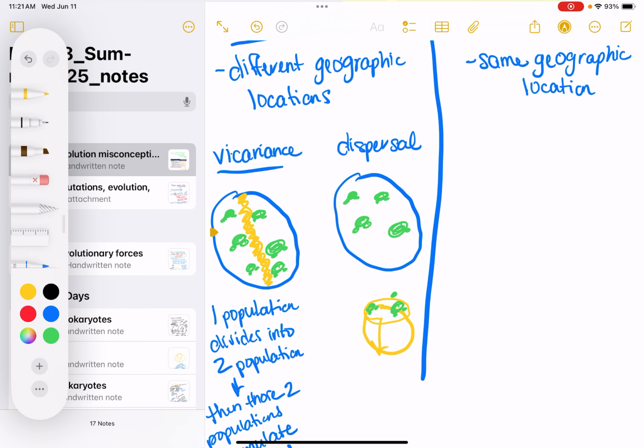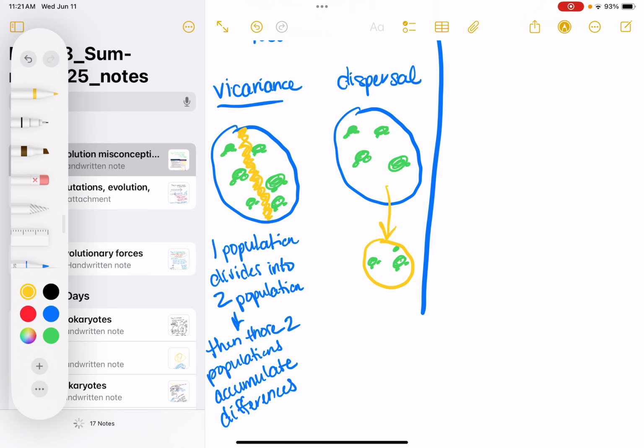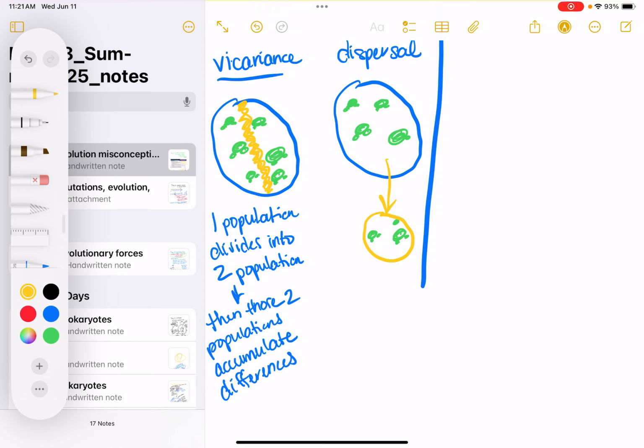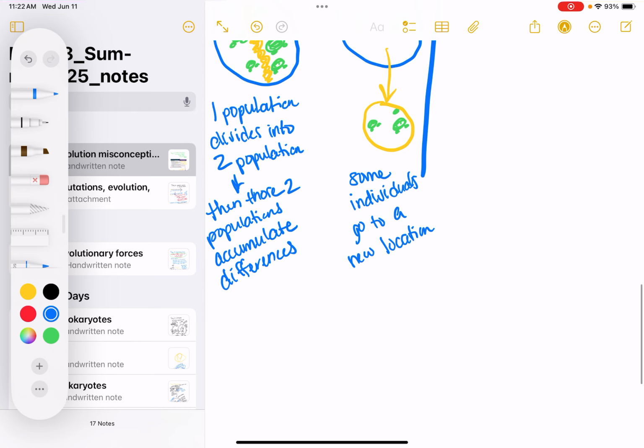So they go to a new area. Note that this is different than gene flow because these are the first individuals on that population. So this dispersal, okay, is where some individuals go to a new location that doesn't already have any there.